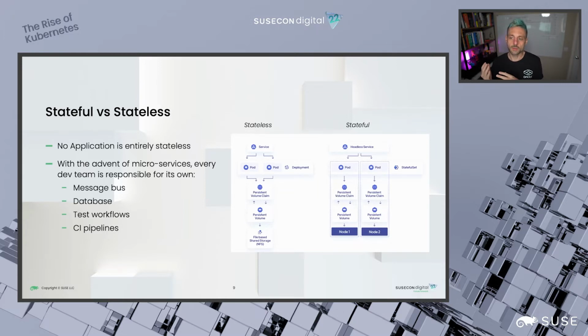A stateful set will mandate the creation of a headless service, meaning that when you trigger a DNS request against that particular service, it is not going to reply with a single IP address in a random fashion. It's going to list all the IPs of the pods composing the headless service.